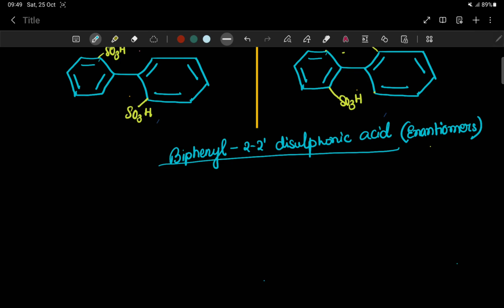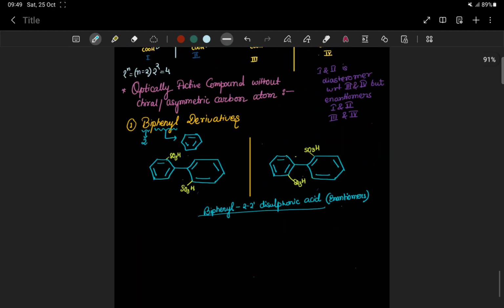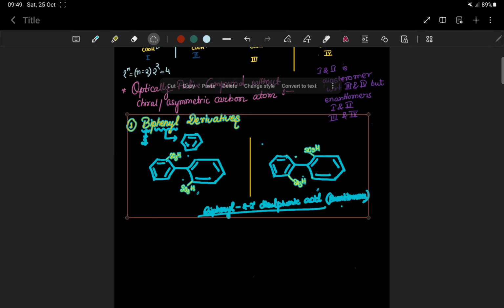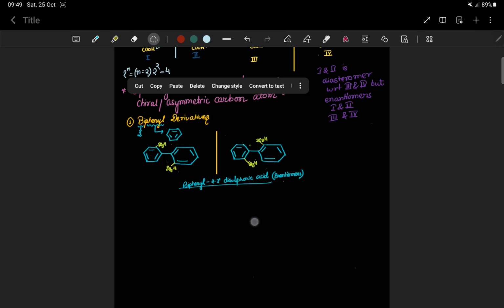Next, I will go for the next example, that is allenes, and we have only 2 more examples left for today's chapter to complete with this optical form. I'm just making sure that I can write and complete it over here. Okay, fine. This is our biphenyl derivative form. Let me take this over here.